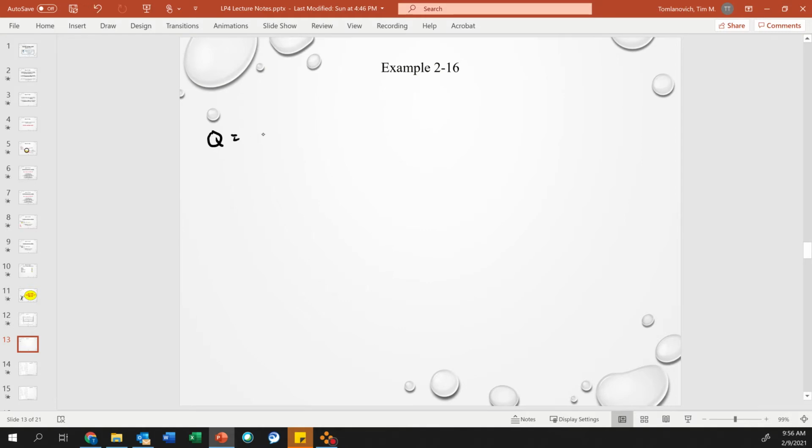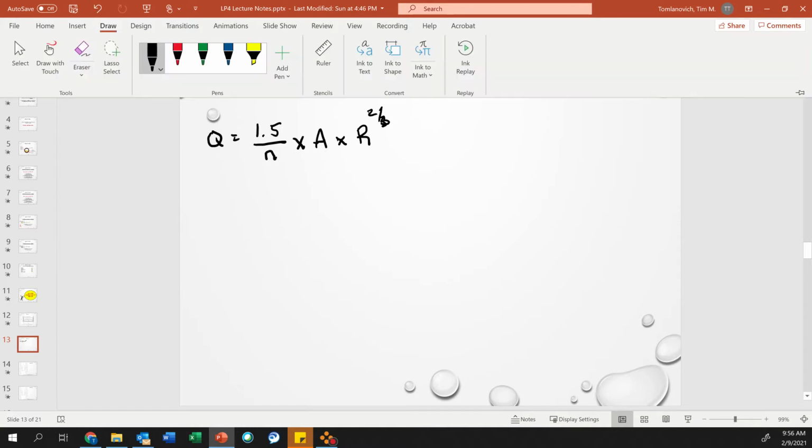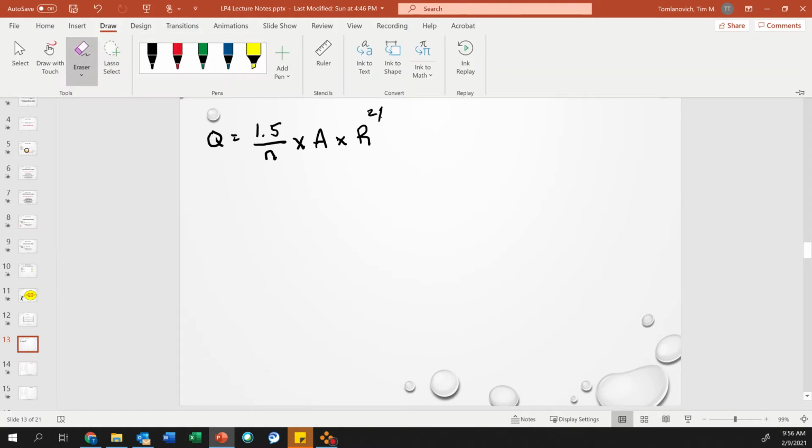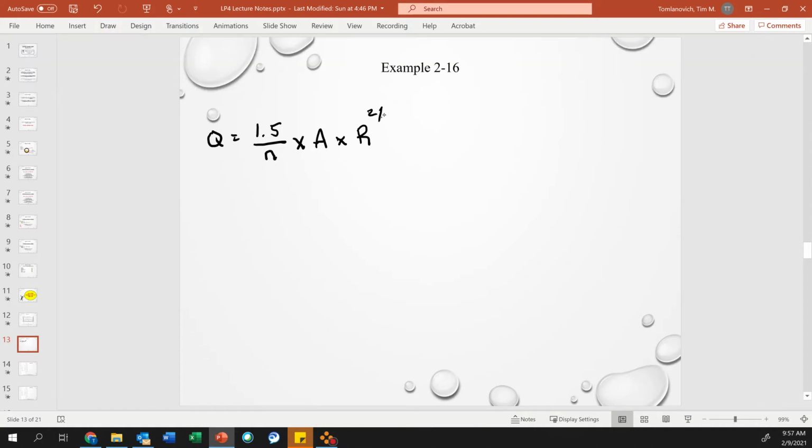Q equals 1.5 divided by n times the cross-sectional area of flow times the hydraulic radius raised to the 2/3 times the slope raised to the 1/2.